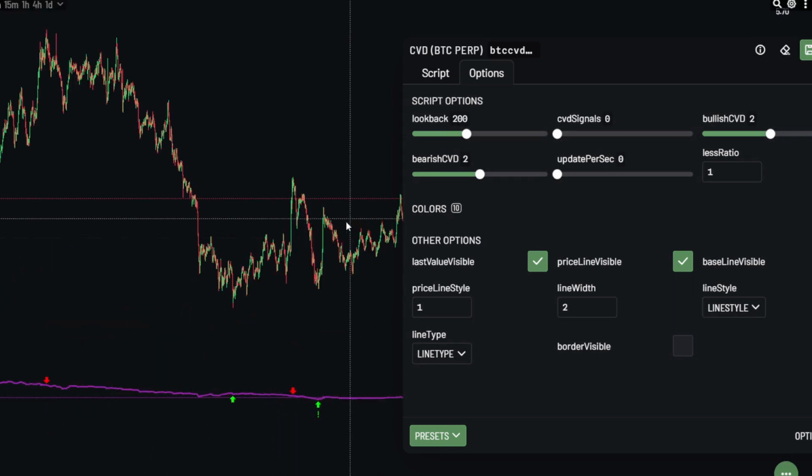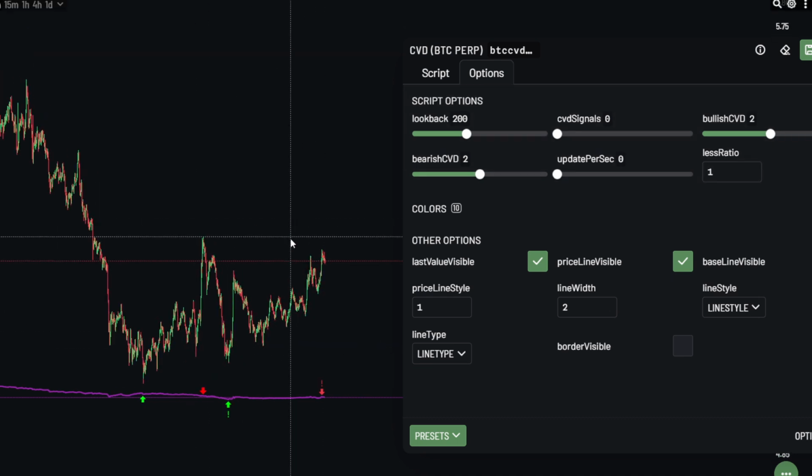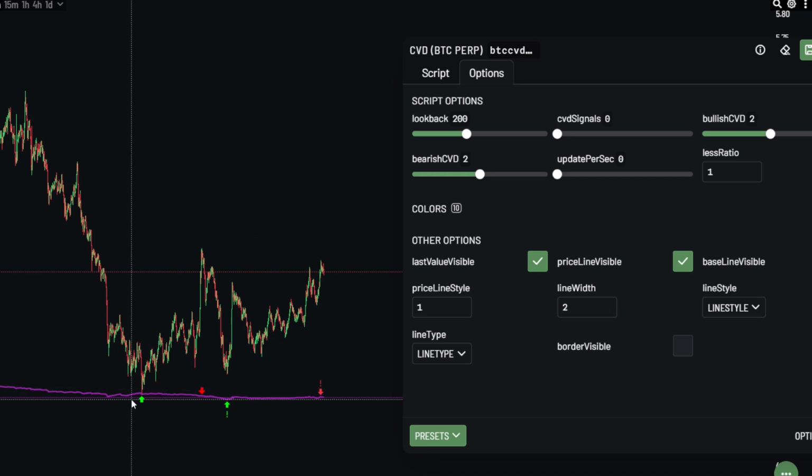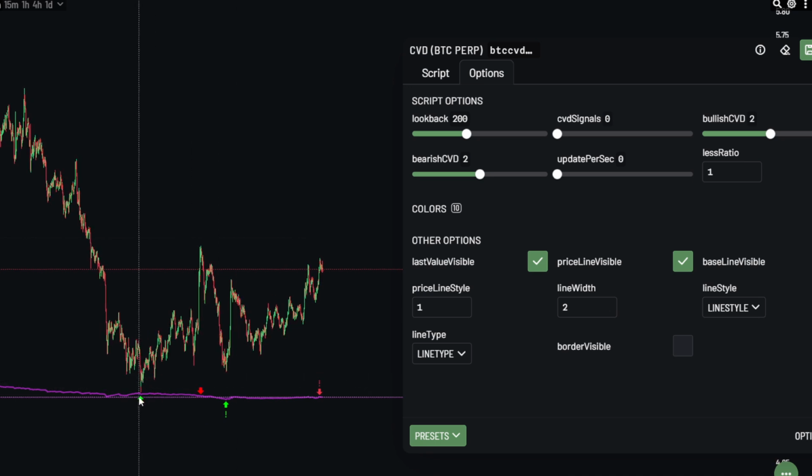Let's get closer. As you can see, we have these two bullish signals, and you can see the divergence between the price action and the CVD line. So that is a divergence, and that brings us to higher prices, as you can see.